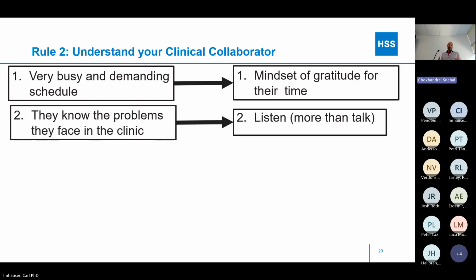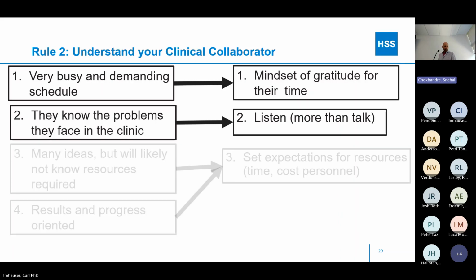Two, they're the experts. They know the problems they face in the clinic. So this is definitely sort of a customer relationship mindset. We're there to listen much more than to talk. We want to understand where they're coming from, where their problem is, and then we can work together to generate a question and a hypothesis, in terms of modeling a context of use.